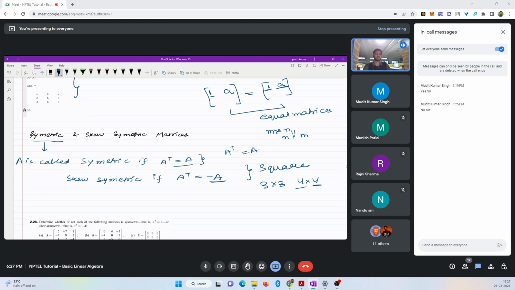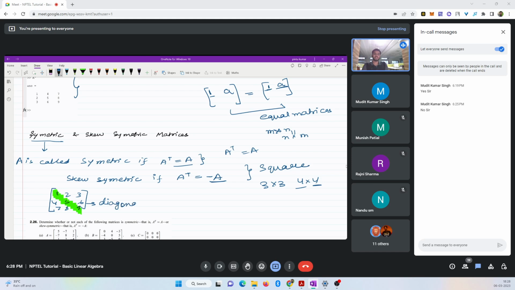And in a skew symmetric matrix, if you want this to be the negative of A, look at the diagonal entries. If you have a matrix like 1, 2, 3, 4, 5, 6, 7, 8, 9, these entries 1, 5, and 9 are called diagonal entries.